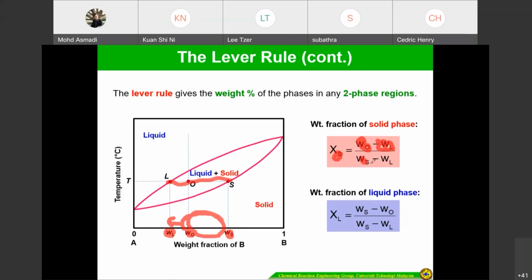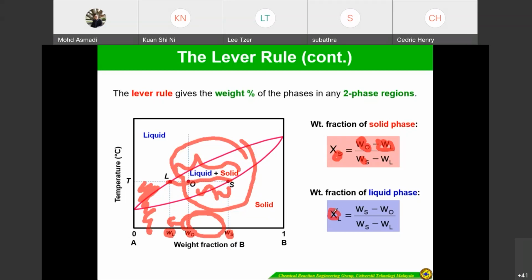You divide by WS minus WL. So actually you eliminate this one, so that you can get the total. This one divided by this one, so you can get the solid fraction.